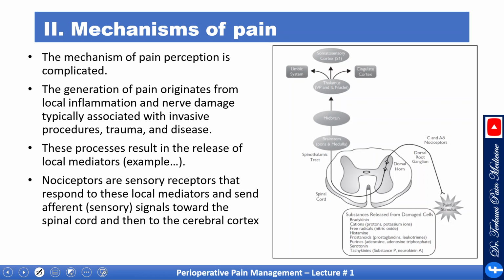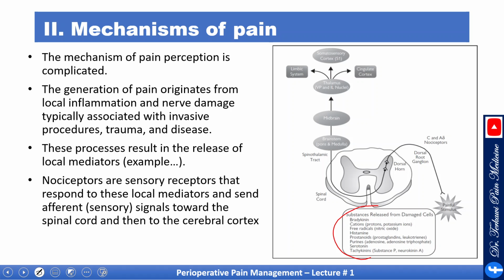The mechanism of pain perception is complicated. The generation of pain originates from local inflammation and nerve damage, typically associated with invasive procedure, trauma, surgery, etc. These processes result in a release of local mediators, for example here, the bradykinin, histamine, serotonin, prostaglandin. We'll go over this.